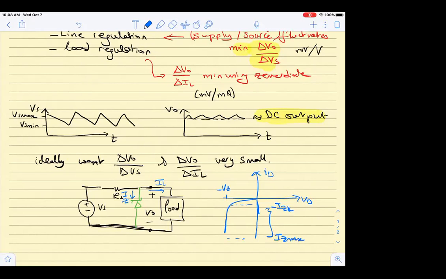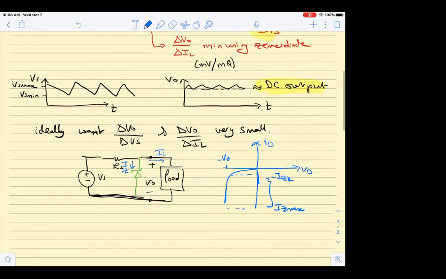So the Zener diode allows the current to fluctuate in order to maintain a relatively fixed voltage across it. Okay? Does anyone have a question up till now? This is a review of what we explained last time.